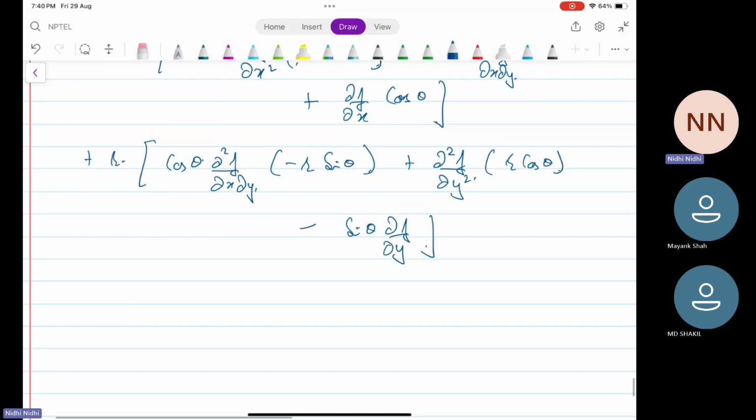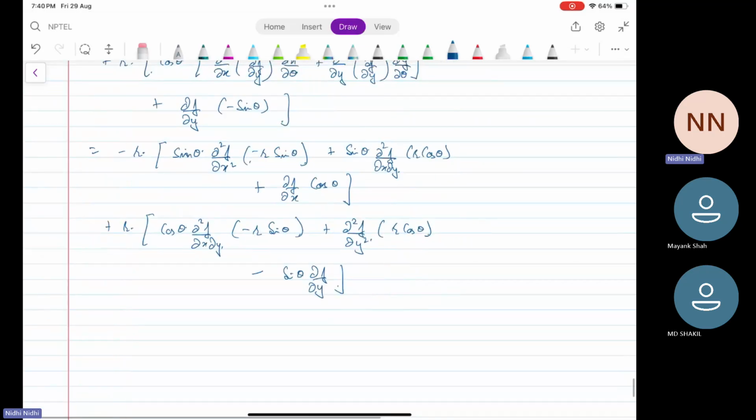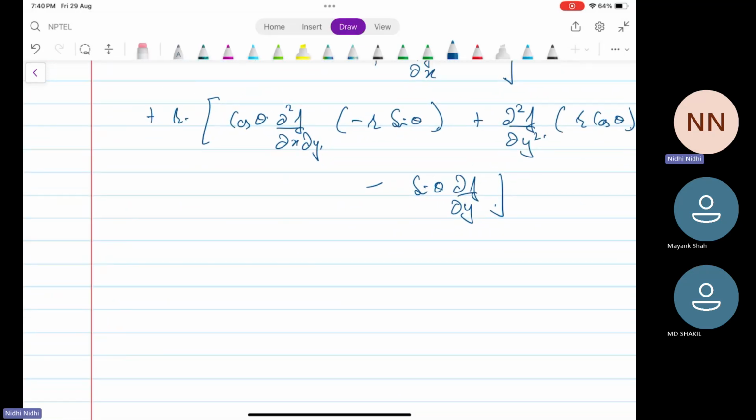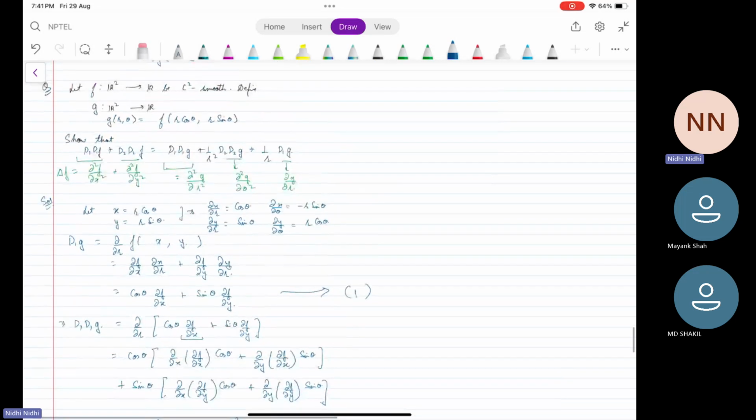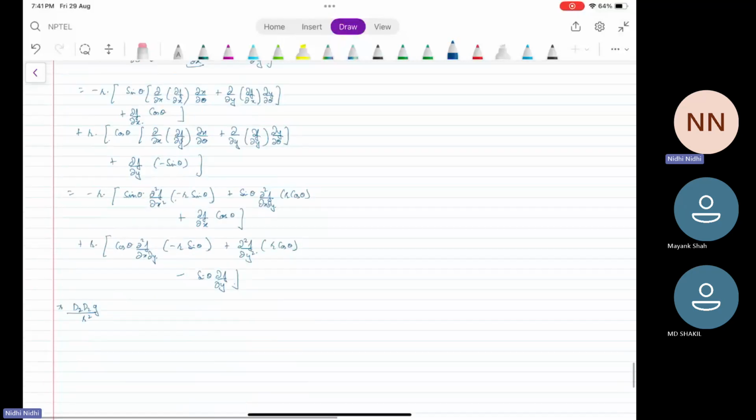So eventually, after dividing it by r square, you'll get d2g by r square, because that's what we need to prove. We need 1 by r square d2g.